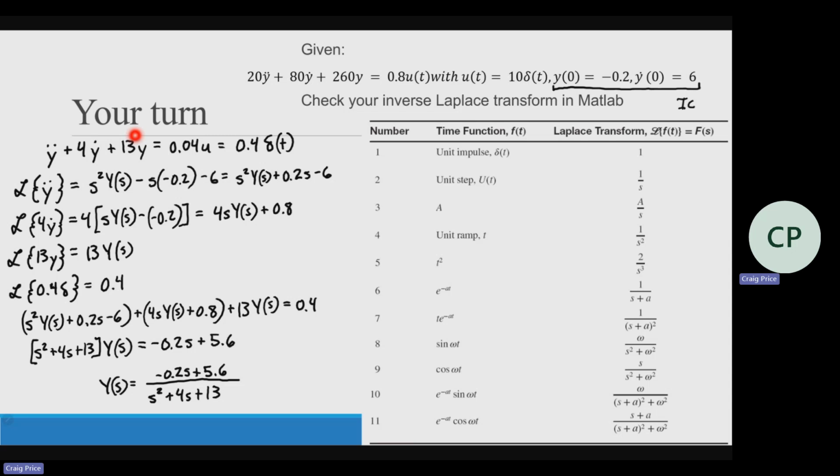Yeah, that'll change a few things, just in your numerator, though.